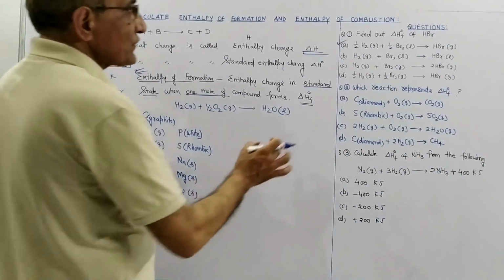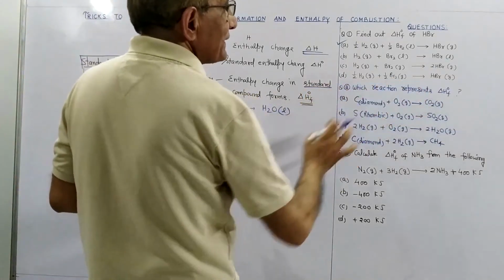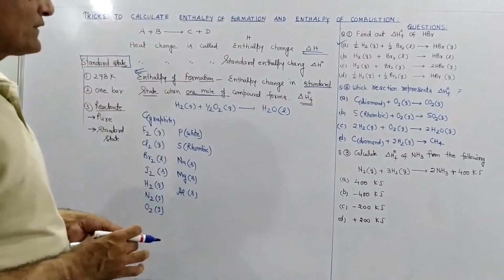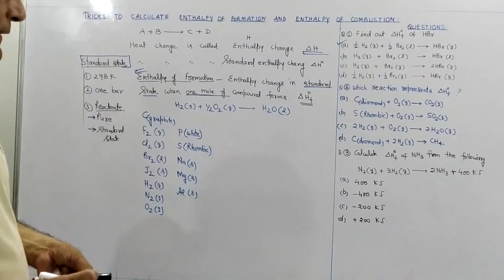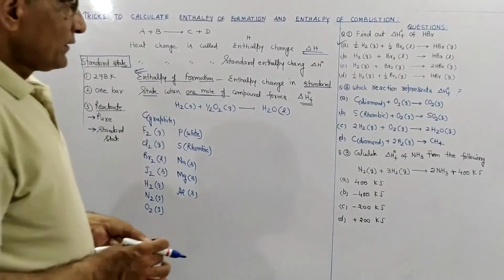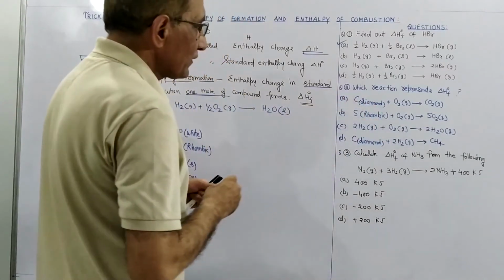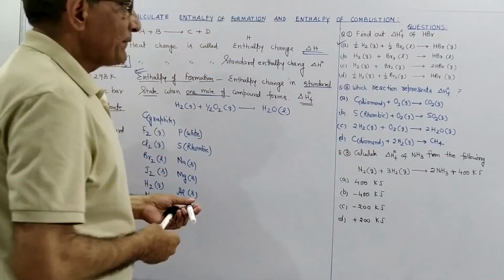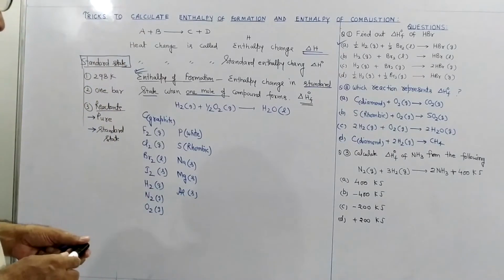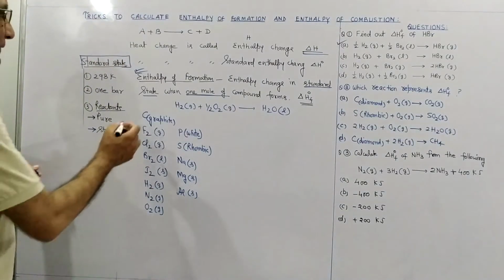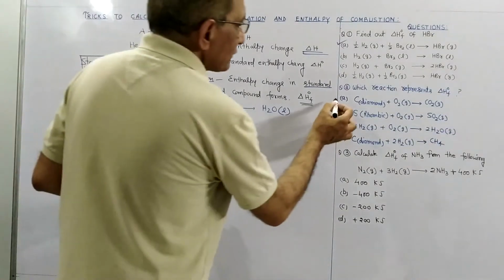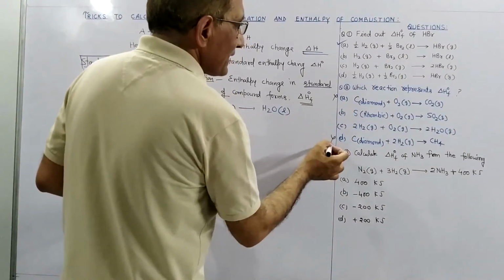In this second question, which reaction represents standard enthalpy of formation, students? In this case, they have given carbon in diamond form and D also carbon diamond form. It means both of these are rejected because the standard state of carbon is graphite. So this one is rejected, this one is rejected.